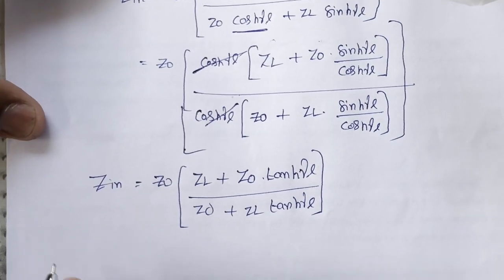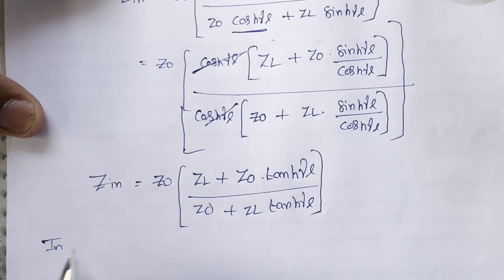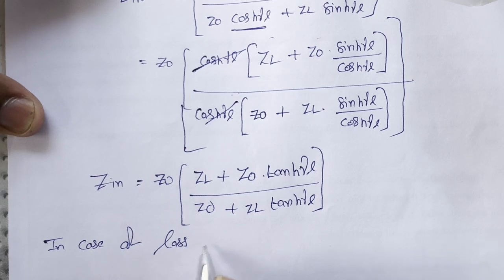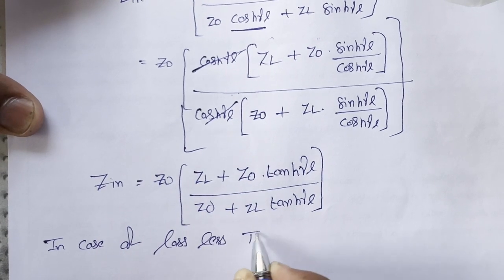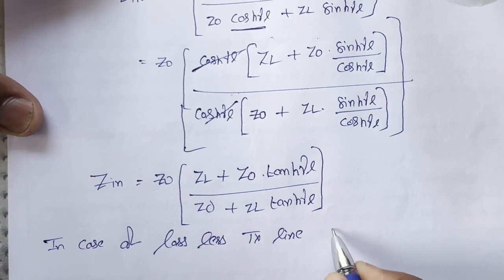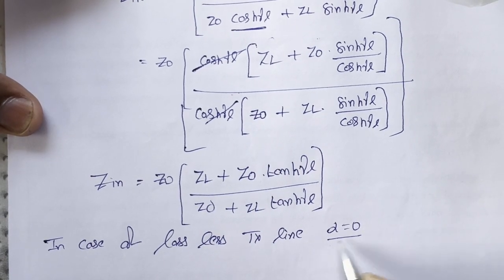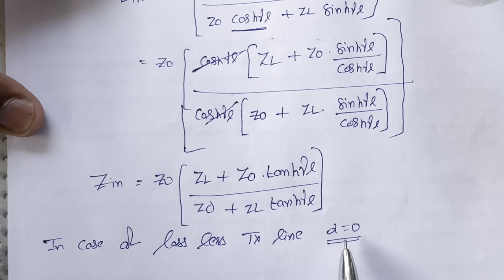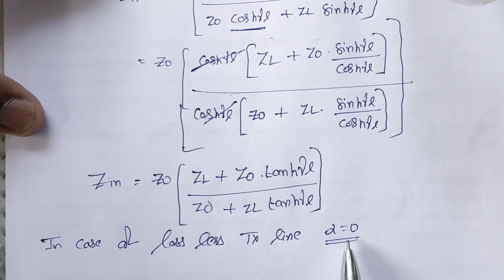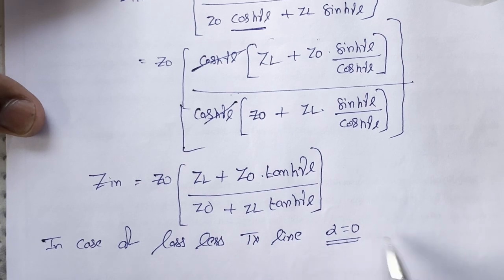And in case of a lossless transmission line, alpha is equal to 0. This one is also derived in our previous sections. Alpha equal to 0.